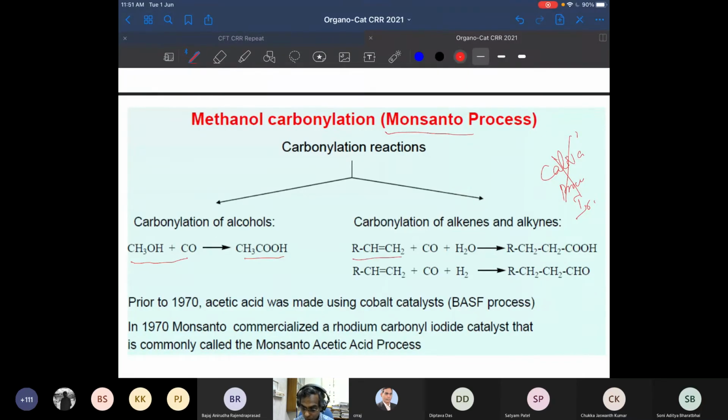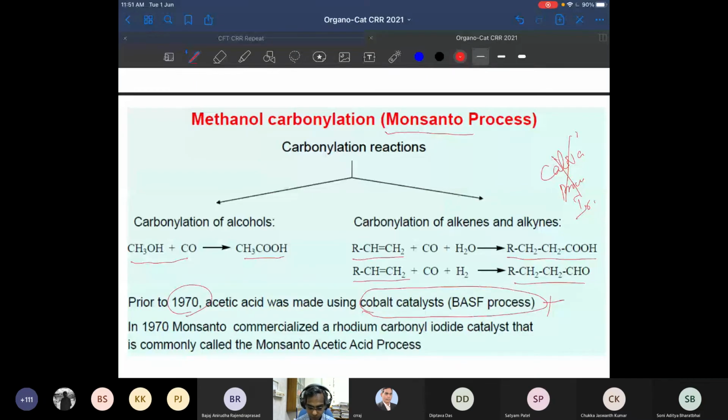Carbonylation of alkene can also give you a corresponding acid, right? If you start with this, you will be able to get this. The cobalt-based catalyst is basically what we call the BASF process. Again, we will not be learning that one. That was used before 1970.